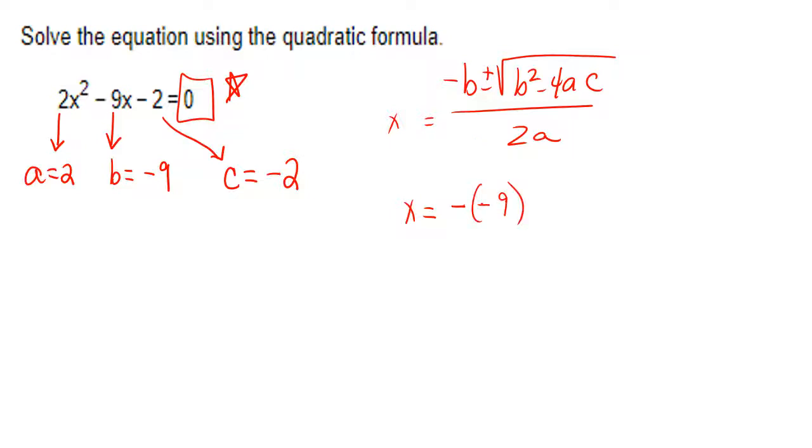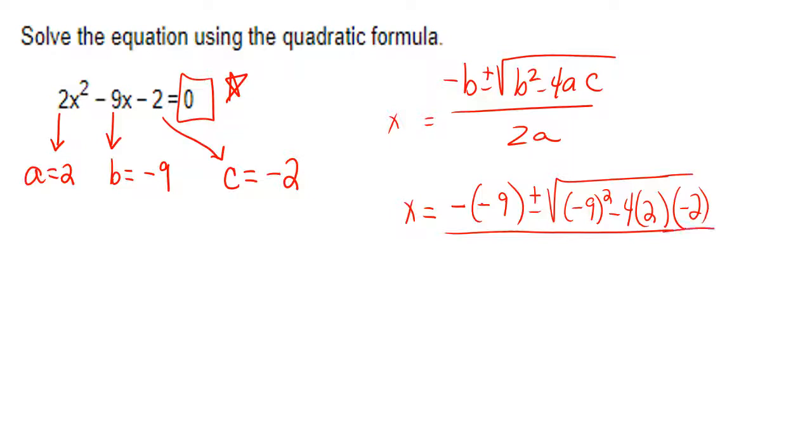I normally put all values that I plug into this formula inside parentheses. Plus minus, square root. Then b squared is -9 squared. Minus 4 times a, which is 2, times c, which is -2, all divided by 2a, which is 2 again.